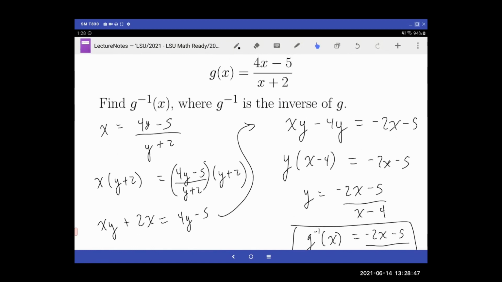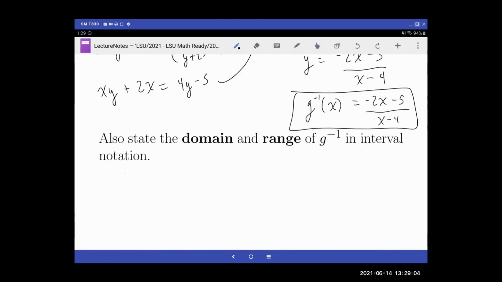My domain is going to be everything except for the x values that make the denominator 0, and in this case, that'd be negative 2. So the domain for g of x would be negative infinity to negative 2, union negative 2 to positive infinity. Just no negative 2 involved. And that's the domain.